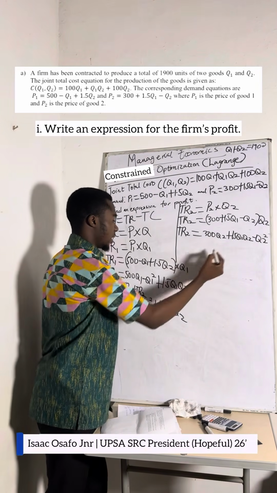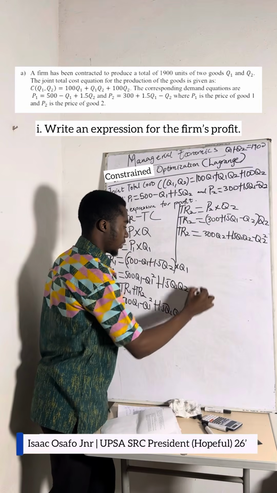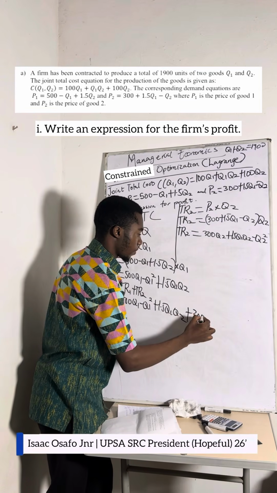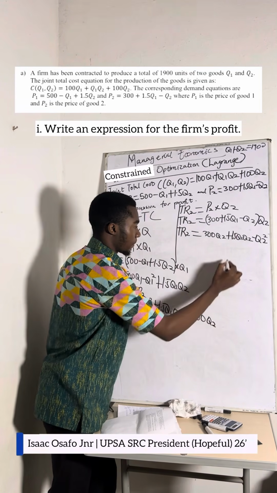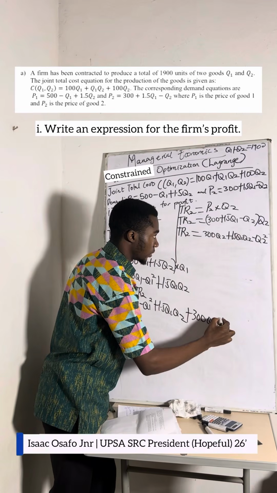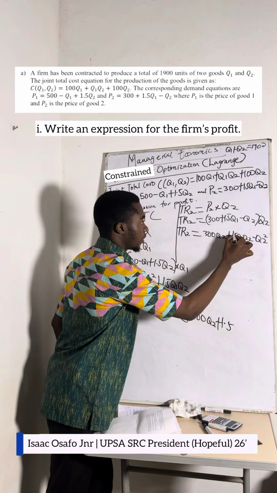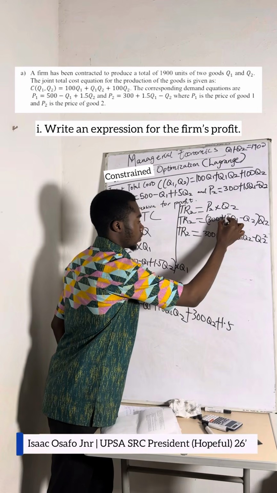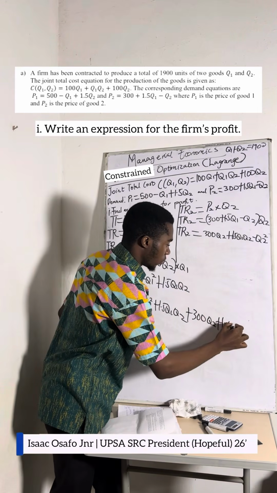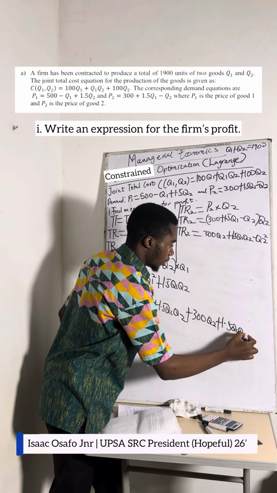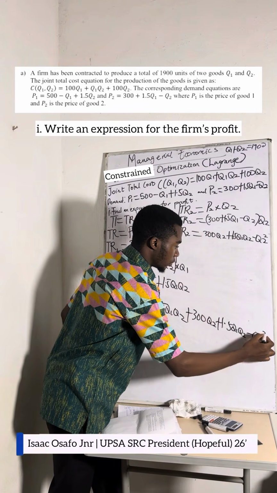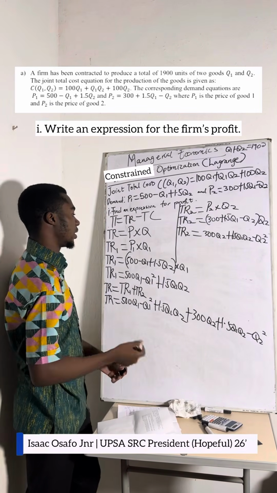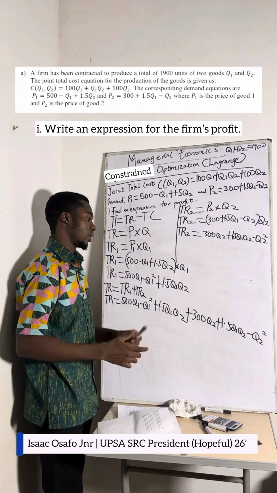Then plus the TR2: plus 300 Q2 plus 1.5, here is 1.5, not 15, so plus 1.5 Q1 Q2, then minus Q2 squared. Since you're adding, there's no need to put in brackets because it will be the same.